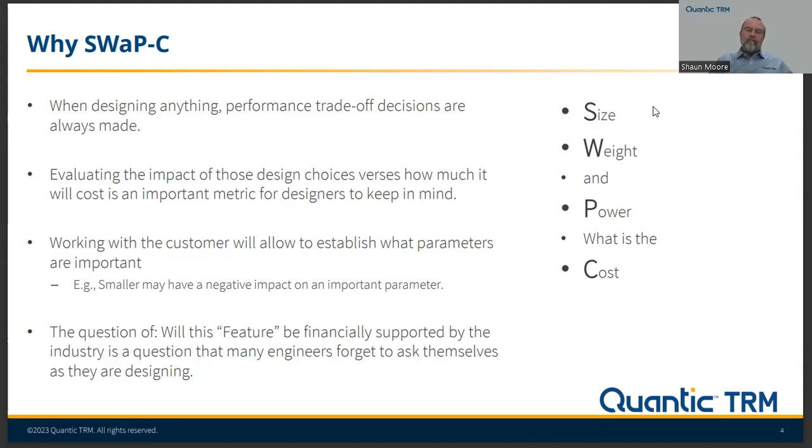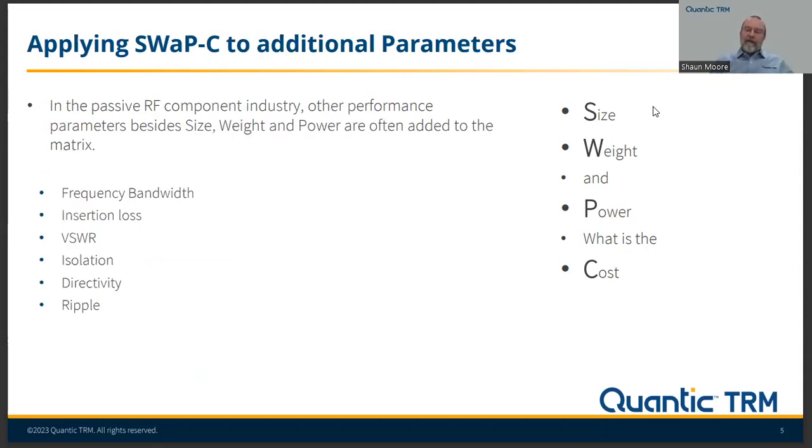Okay, so you've talked about the impact on the overall system. Is this approach, the SWaP-C, applicable only to the overall assembly, or does it apply to multiple parameters or aspects of the design? Yeah, no, it applies to everything, and I just hinted at it on the slide in talking about the previous one.